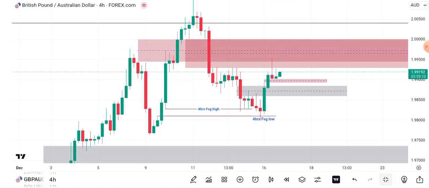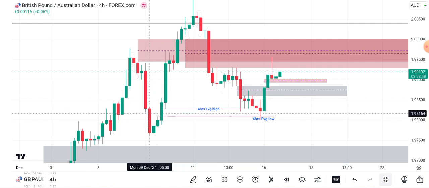And then, when I'm expecting a retracement into areas like this in the market, I'm looking for two things. Number one, I'm looking for old lows.